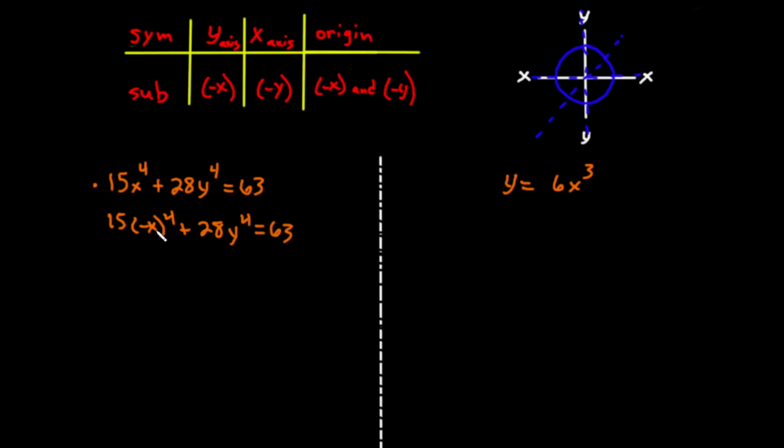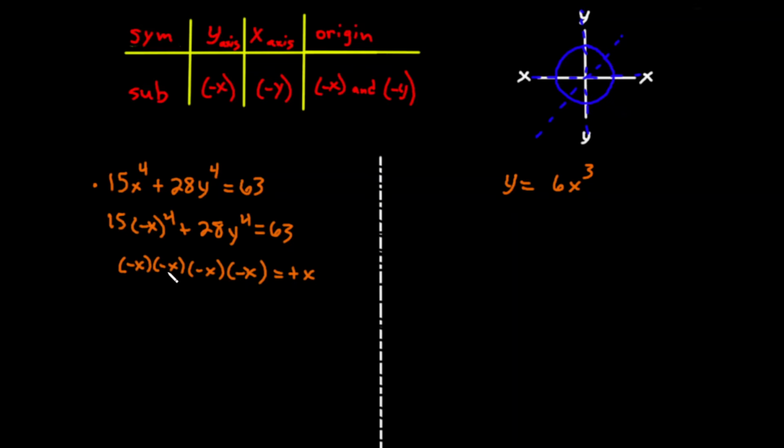If you take a negative variable and raise it to an even exponent, imagine this is negative x times itself 4 times. An even number of negatives is going to be a positive.